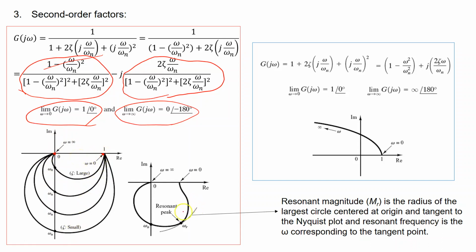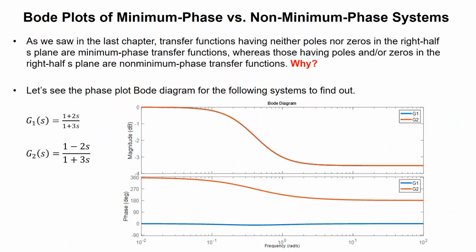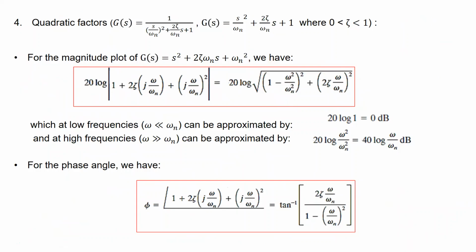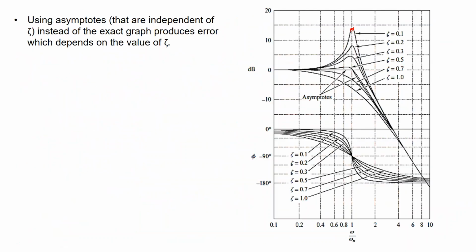One other thing that I wanted to mention here is the resonance. We learned about resonance, right? We learned that resonance frequency and resonance magnitude are basically what? The frequency and the value of the magnitude at that frequency where the max is happening, right? If you remember back here, let me just remind you.